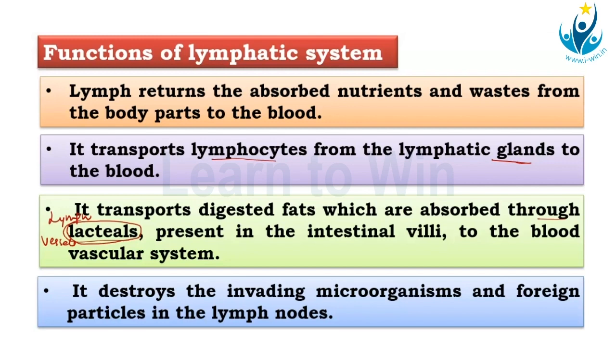The lymphatic system also destroys the microorganisms or any foreign particles that are present in the blood at a specific area called lymph nodes. So this main function is immune response.